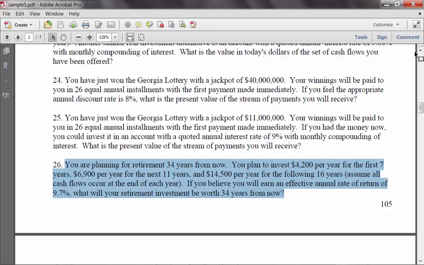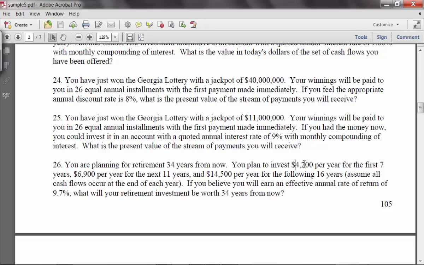You can discount back to today's dollars, but you can't figure out the net future value of something like this, where the amounts are different, right? If this is the same, you just use the future value formula. But it's not an annuity. An annuity is a steady stream of equal fixed payments. Here they're unequal. 4,200 is different than 6,900 is different than 14,500. So you can use a spreadsheet, but that gets a little tricky. That just takes too long, especially on an exam.